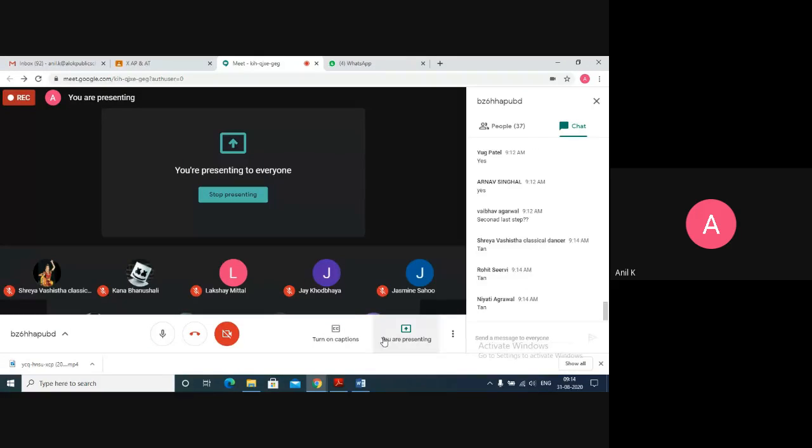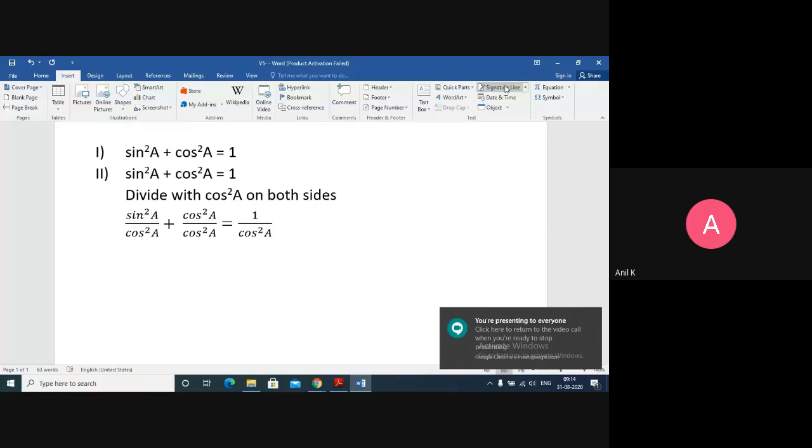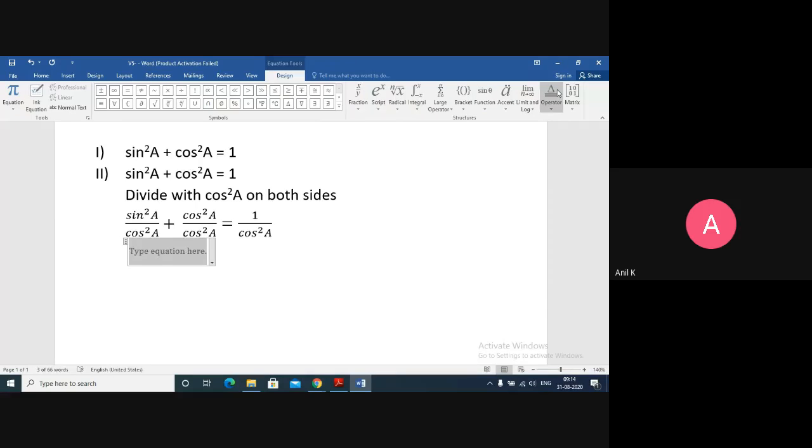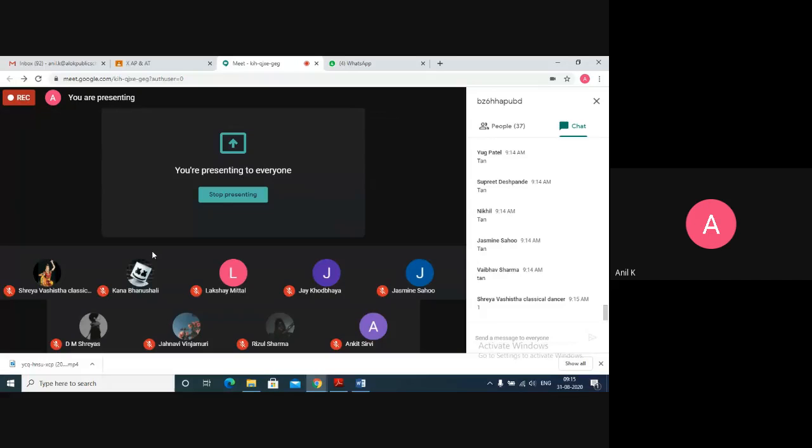Sin upon cos is tan, correct? Sin square A upon cos square A will come as tan square A. Then plus cos square upon cos square, which will be 1, which equals 1 upon cos square A. What is 1 upon cos?